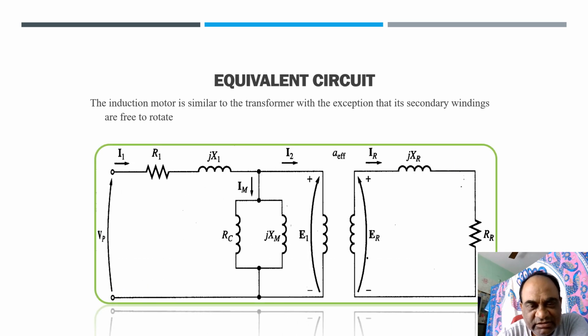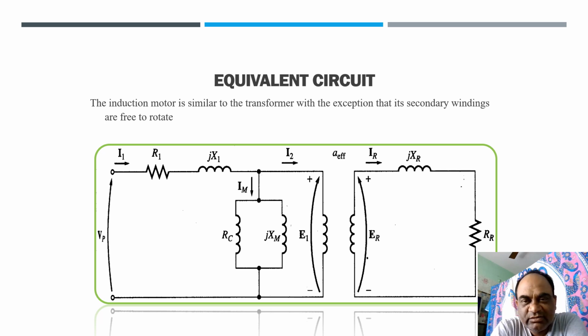Now let's see the equivalent circuit of the induction motor, where it has been shown that there are two parts. On the left side you have the stator part, and if you have studied the transformer, you must remember that the circuit is more or less like that.